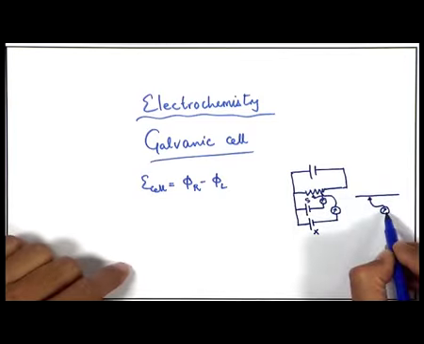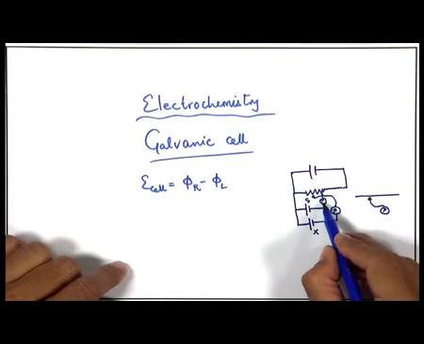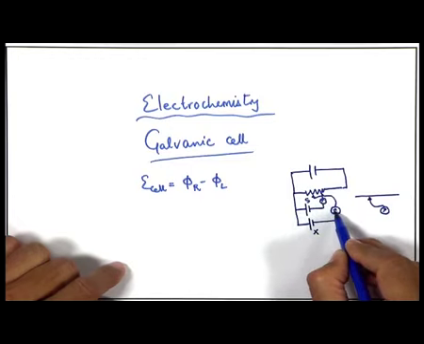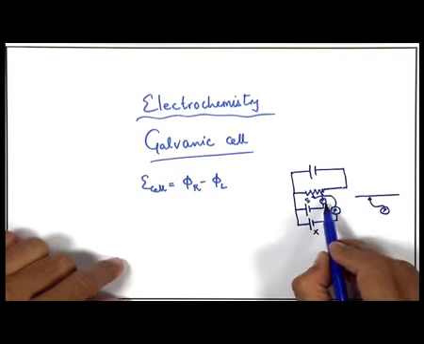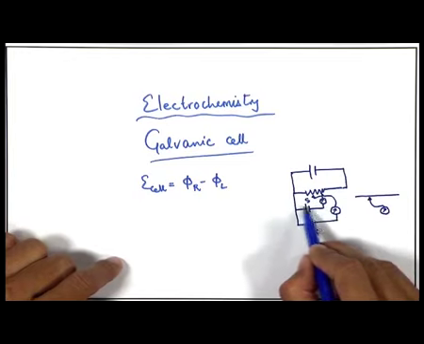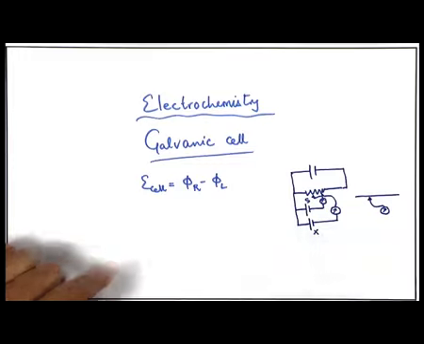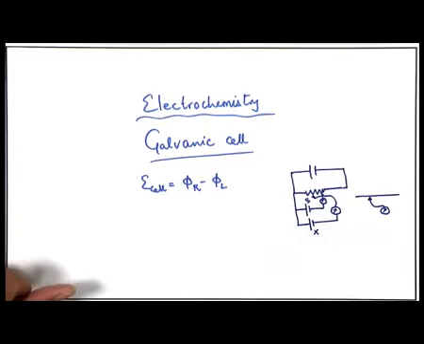When this one has no deflection and this one has no deflection, then the corresponding lengths will be proportional to the potential difference or EMF of the cell, and then taking the ratio you can find out this cell potential.